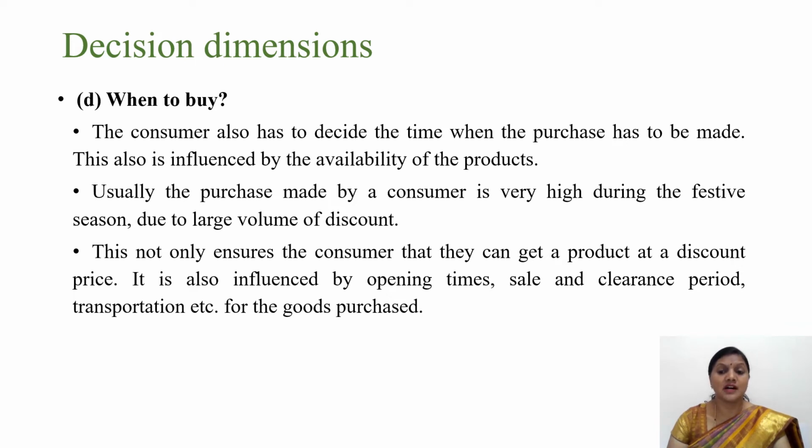Sales are also a clearance period. Sometimes the company sells products as a clearance sale, that is, only a few stocks are available, so they are sold as a clearance sale. During that time, more offers may be given. Also, during transportation, if some rain comes and the product is partially damaged or becomes wet, those products can also be sold at a discount.